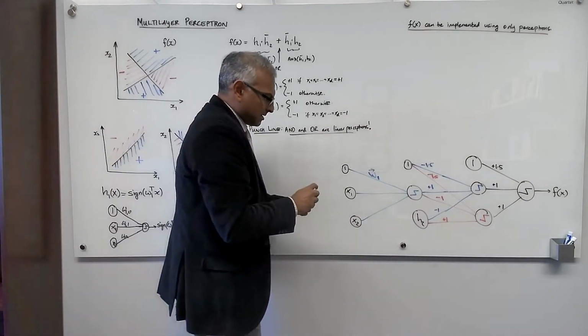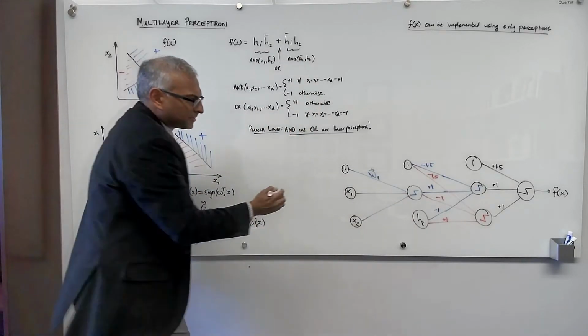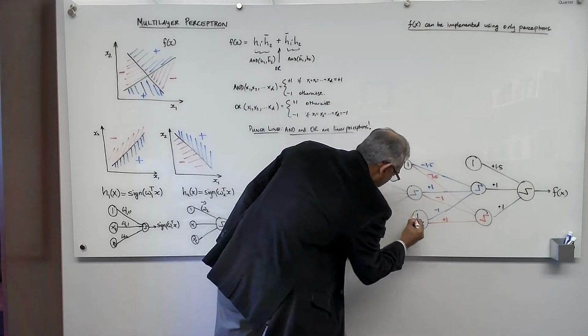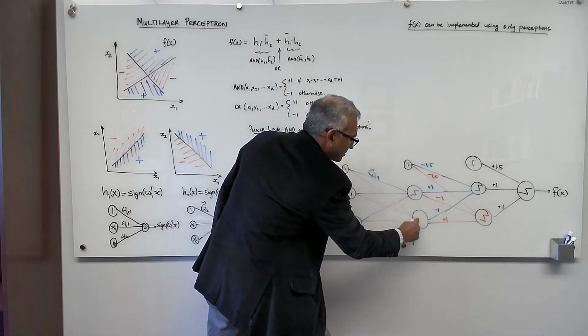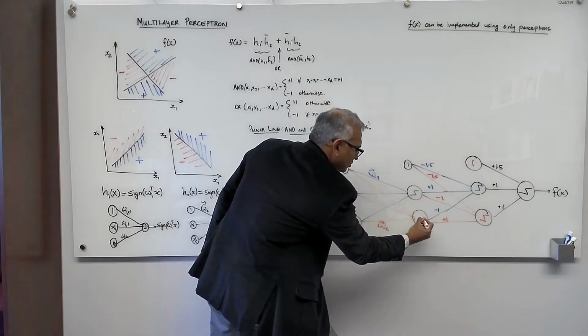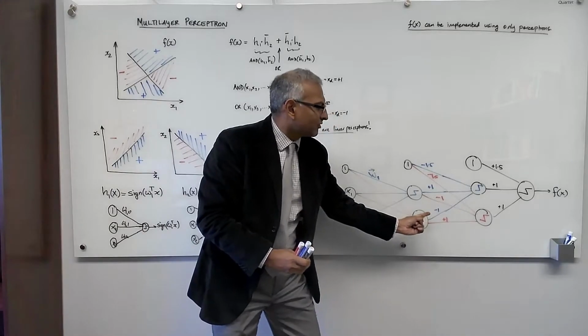Similarly, H2 is also a perceptron, but it has different weights, and those weights are W2. Now I send it through the sign, and indeed, I have H2 coming out of here.